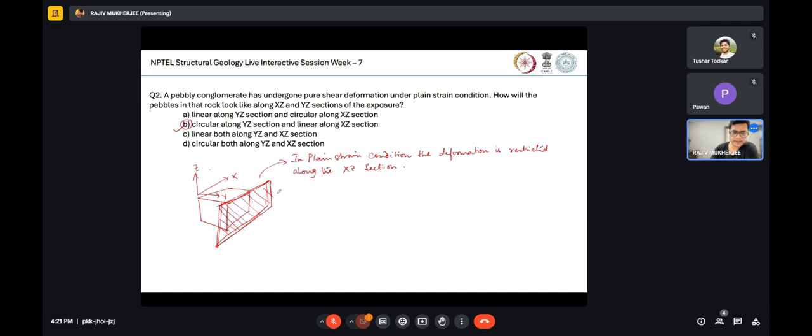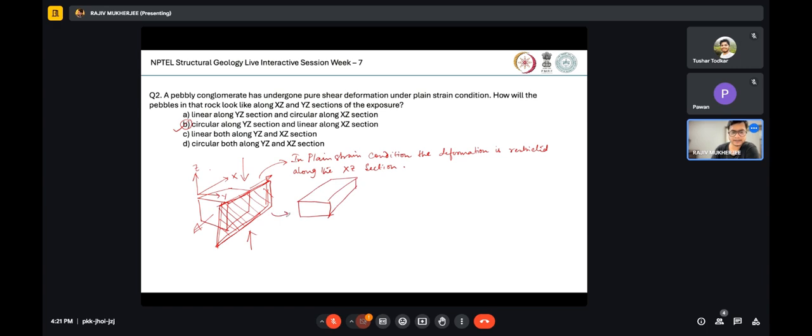So now if I apply pure shear, that means I am compressing in this direction and extending along this direction. So what will happen? Keeping the y dimension same, it will stretch and shorten along x and z axis respectively.